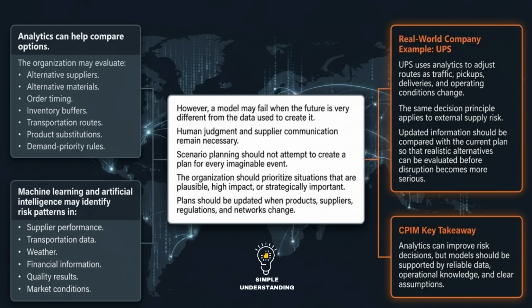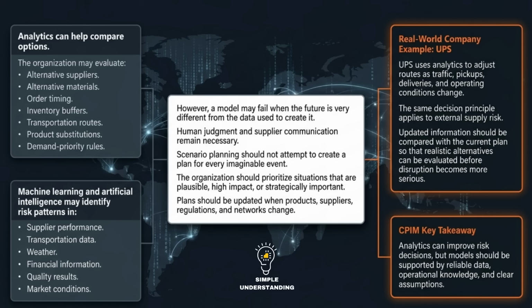Scenario planning should not attempt to create a plan for every imaginable event. The organization should prioritize situations that are plausible, high impact, or strategically important. Plans should be updated when products, suppliers, regulations, and networks change. Real-world company example: UPS. UPS uses analytics to adjust routes as traffic, pickups, deliveries, and operating conditions change.